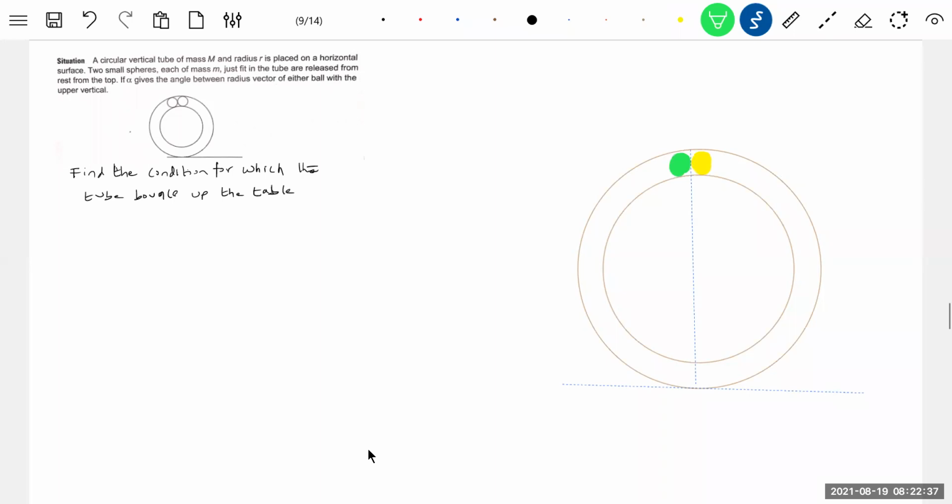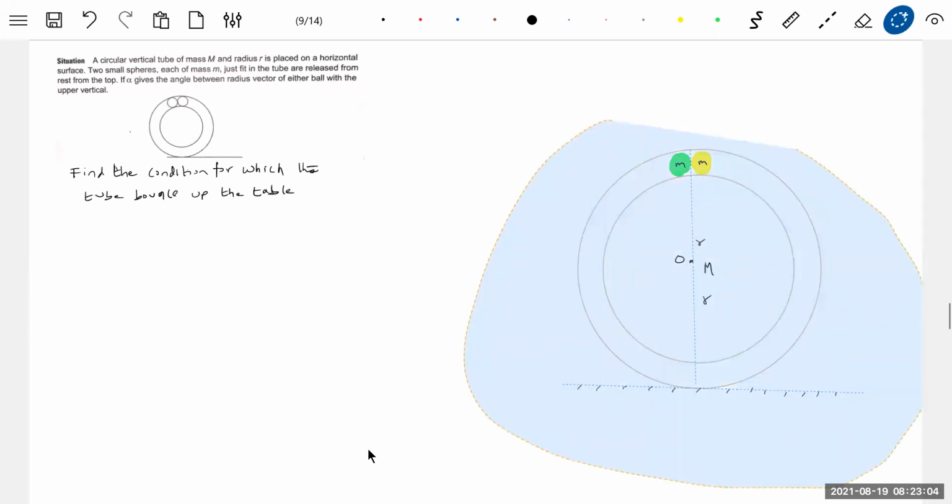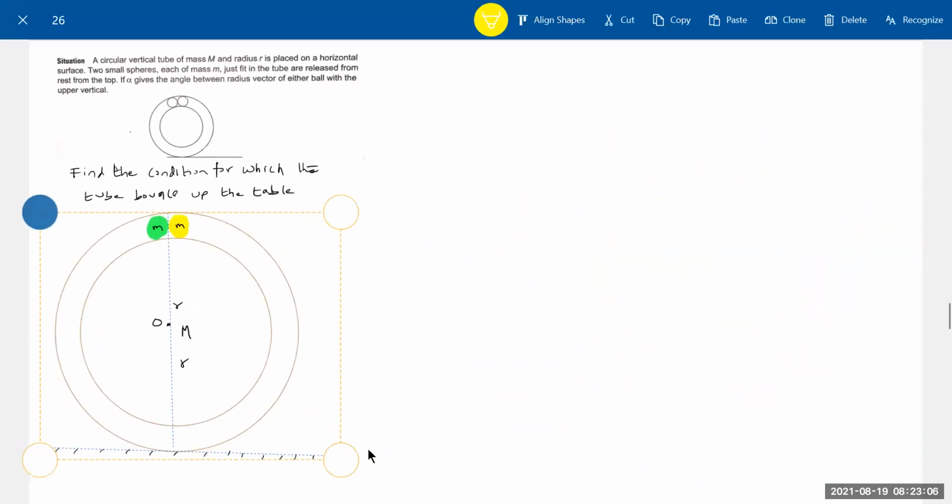Slightly, the diameter of the ball will be less than the width of the tube. Radius of this is R. Mass of the tube is M, mass of the balls is small m. It is placed on the ground. I think I'll give a better diagram. Okay, look at this and start analyzing now.